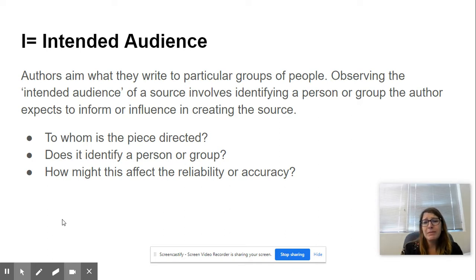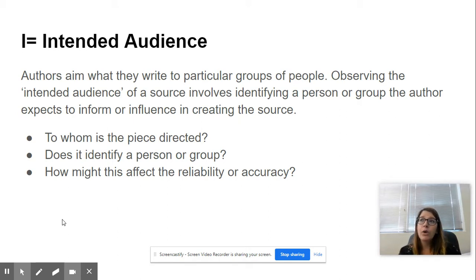Maybe he mentions gold a lot because he knows it's going to get read. If I knew that somebody was going to bring me money, I'd probably read the letter. So that's what you're looking at. Who is it directed to? Does it even identify a person or group? If you are a preacher and the document we're reading is your sermon, it would be to a particular group, right? And you would have to describe who that is.